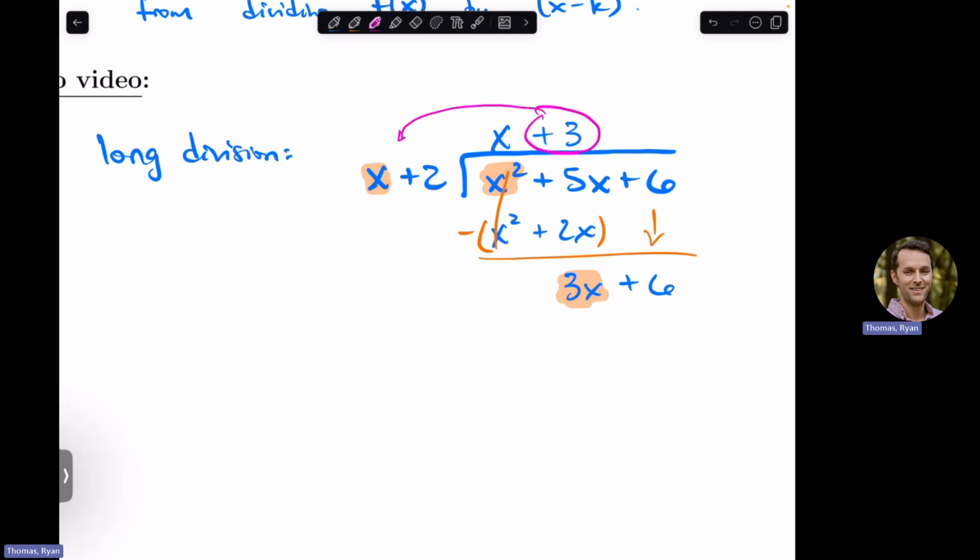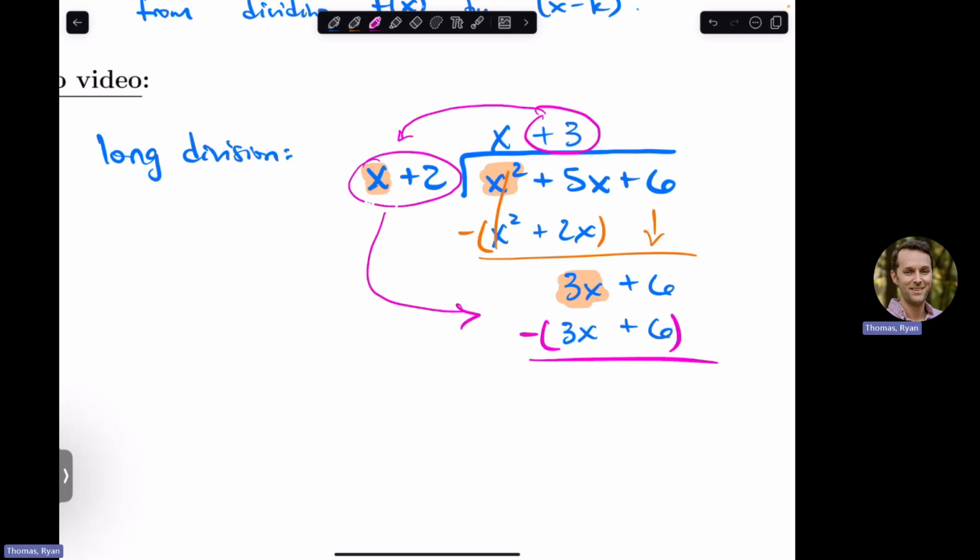Take this, the new part of the quotient, and multiply. 3 times x plus 2 is 3x plus 6, and then subtract. 3x minus 3x is 0, but 6 minus 6 is also 0, so this leaves remainder 0.